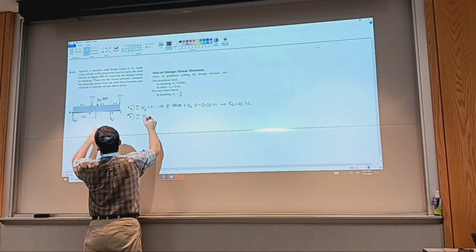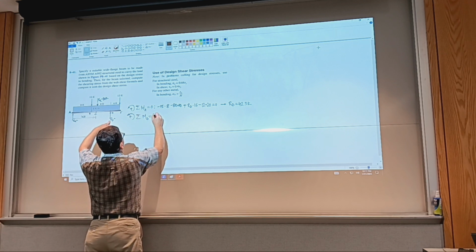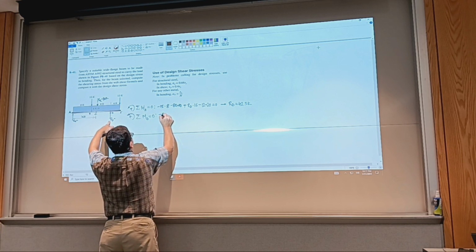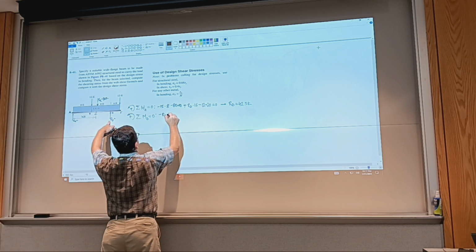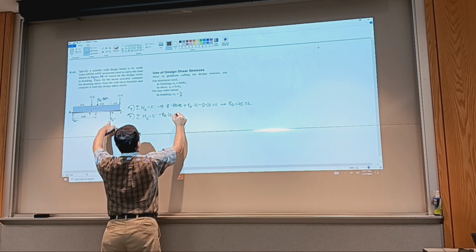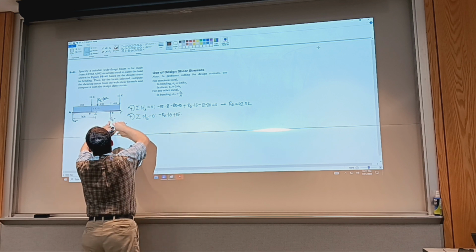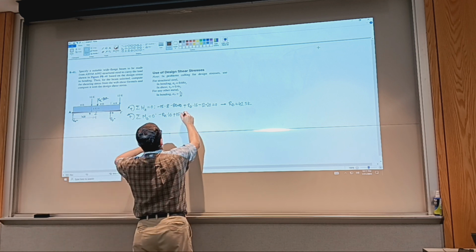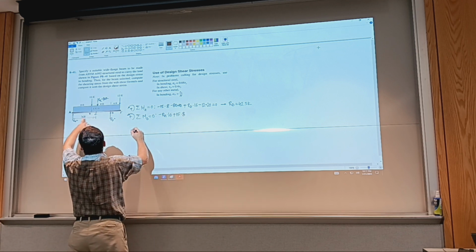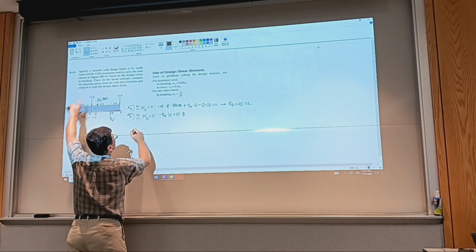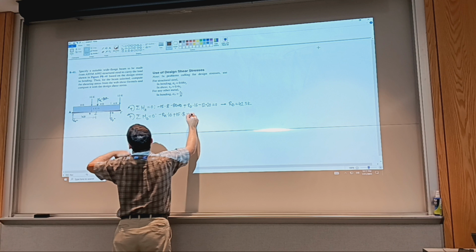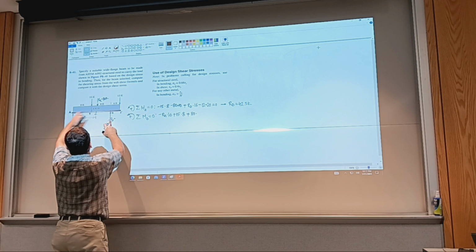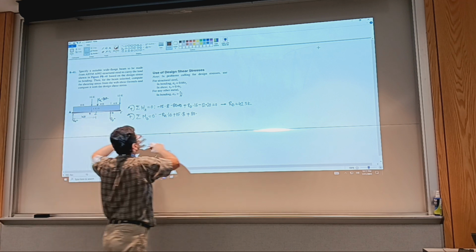Sum moments about point D now to have equilibrium. So there will be negative RA, our unknown, times distance 16 plus 15 times, what's the arm of 15? K, it's 8. Okay, so positive, there will be 80 times this distance. So I have 8 plus x, 16 minus 10, that's 6.